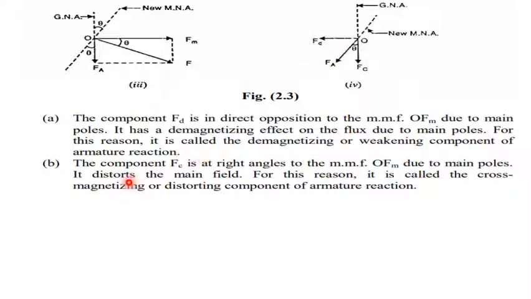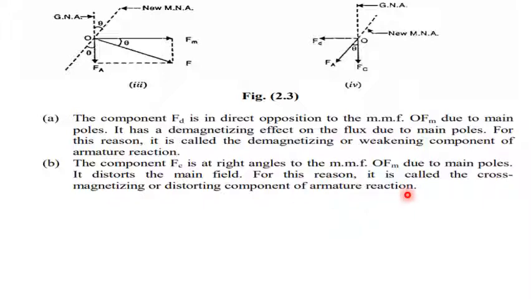And there is one more. The component FC is at right angles to the MMF OFM due to main poles. In this condition it distorts the main field. For this reason, it is called the cross magnetizing or distorting component of armature reaction.